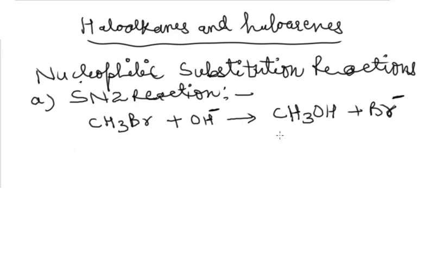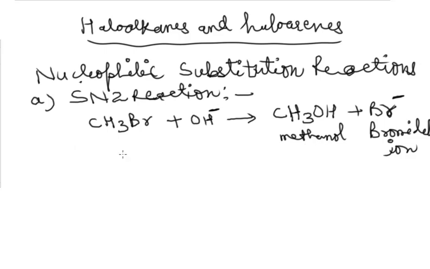Now this one is the methanol. This is the bromide ion, and this OH minus is known as the hydroxide ion.